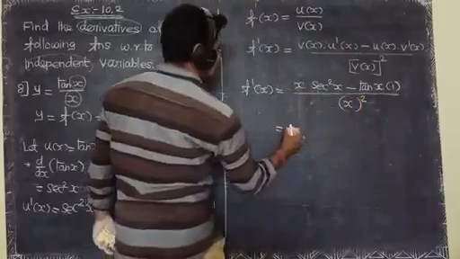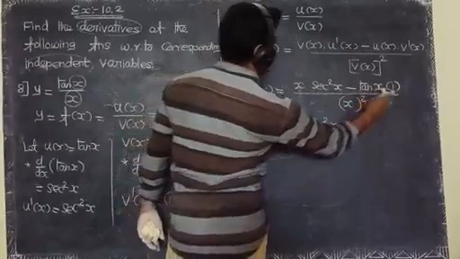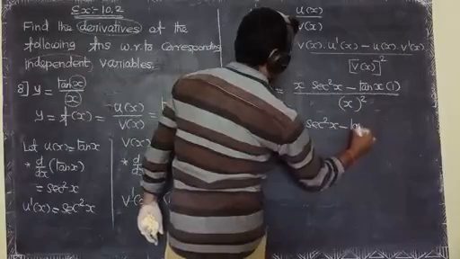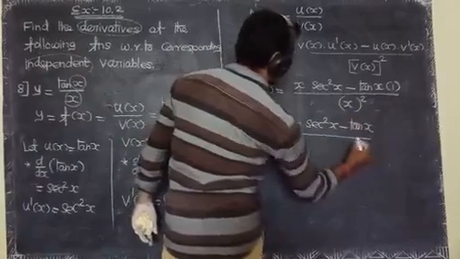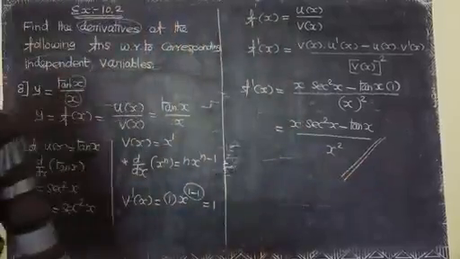That is x into secant square x minus tan x into 1, which is tan x, divided by x square. This is the required result.